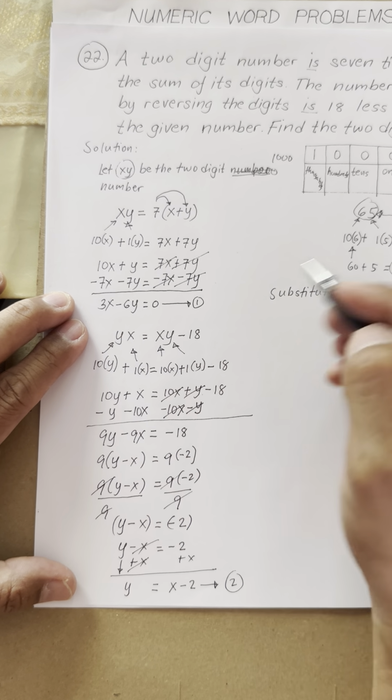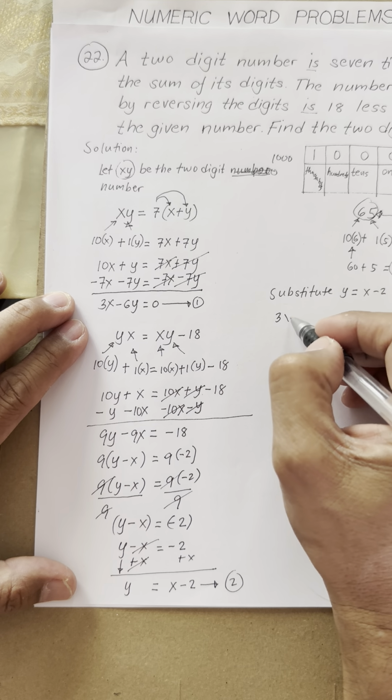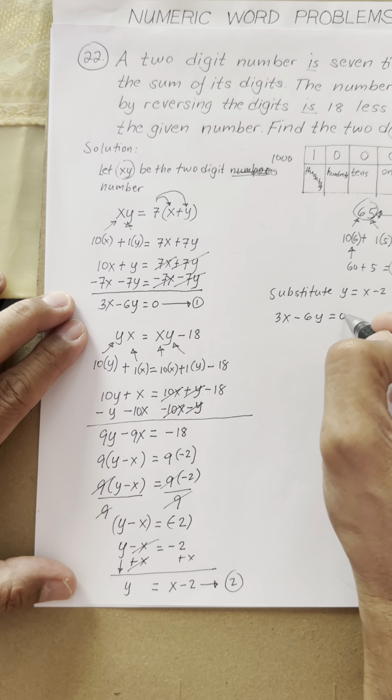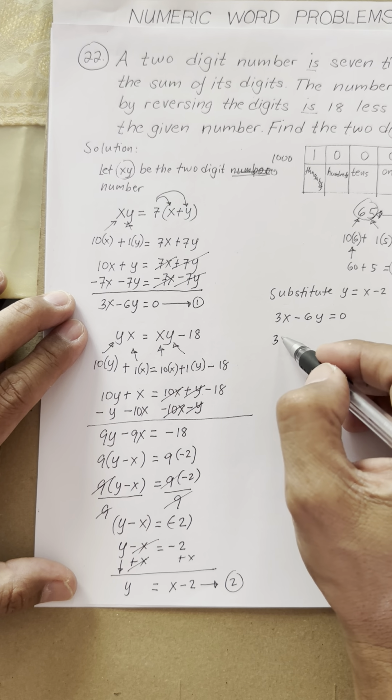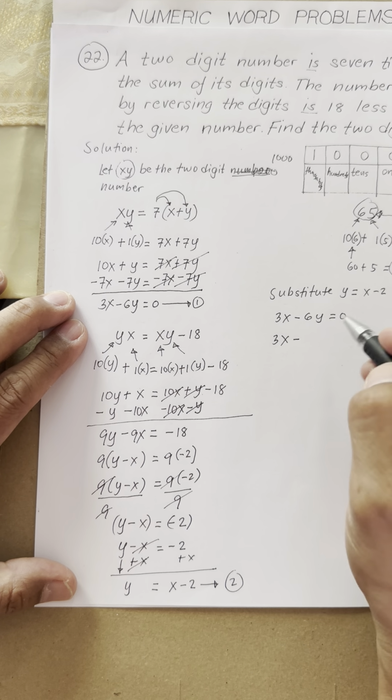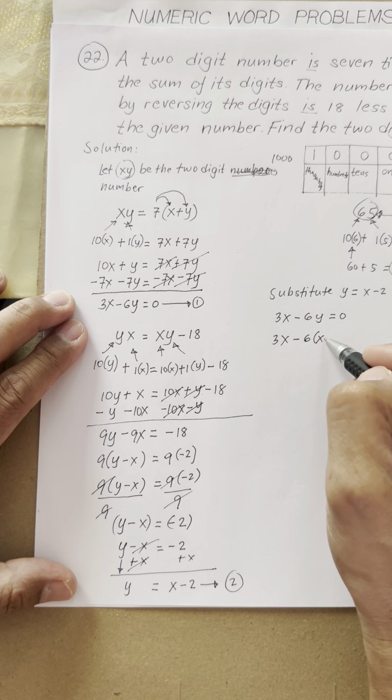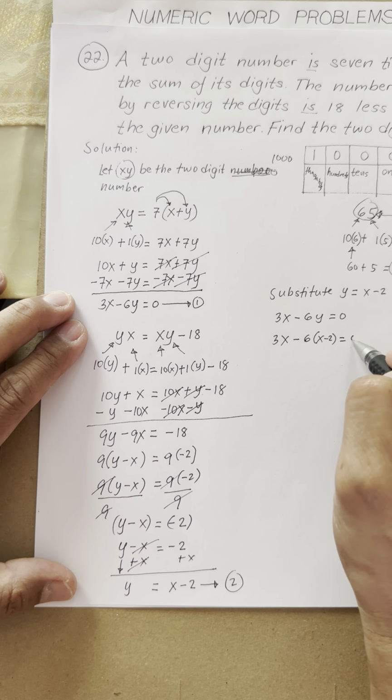So this is our equation 1: 3x minus 6y equal to 0. Substituting the value of y, 3x minus 6 times y, where y is equal to x minus 2, equal to 0.